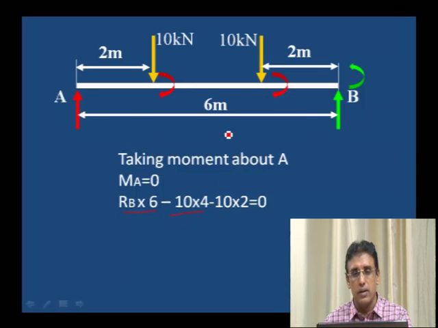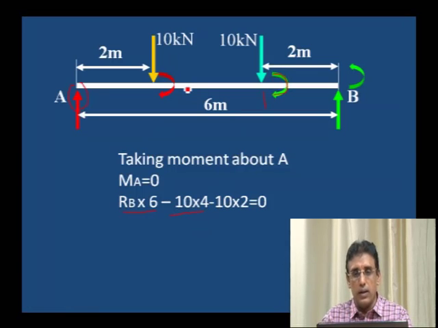Minus, because it is in this direction, 10 into the distance from this point to A, that is 6 minus 2, that is 4 meter. 10 into 4.